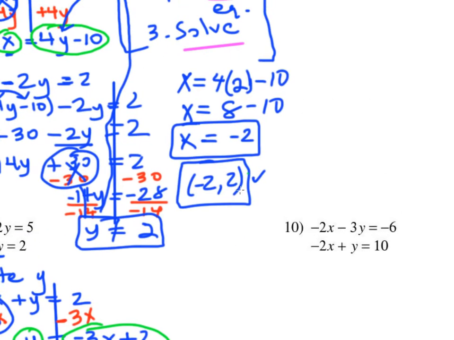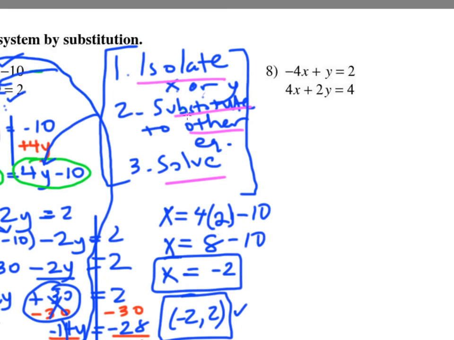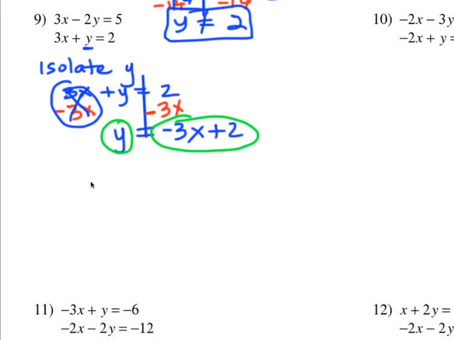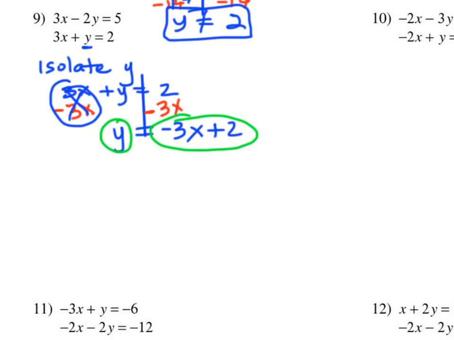Remember our second step is to substitute to the other equation. So let's go ahead and do that. All right, so we used this equation right here. So let's substitute into this equation. So right here, we're going to substitute in for y. So let's rewrite this top equation.